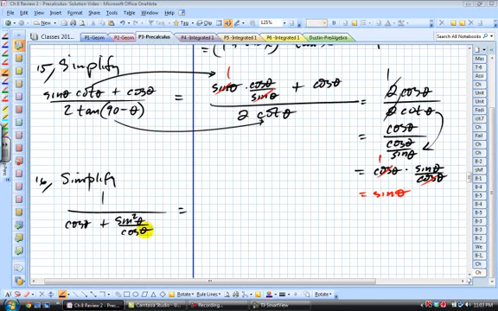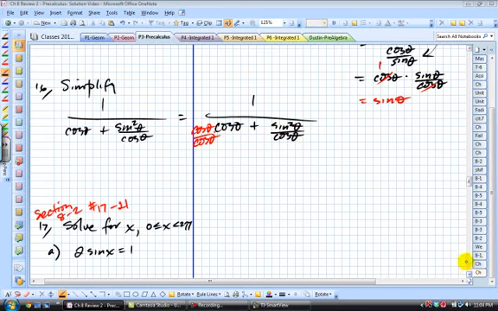Alright? Then, this one here, you get 1 divided by cosine theta plus, you know what, I'm just going to rewrite this actually, and I'm going to show you something. I need to combine fractions here. So I'm just going to do it the old-fashioned way. I'm going to multiply by cosine theta times cosine theta because I can. This is just 1 here, so I can combine fractions. Use common denominators. Okay, and then what do I get?